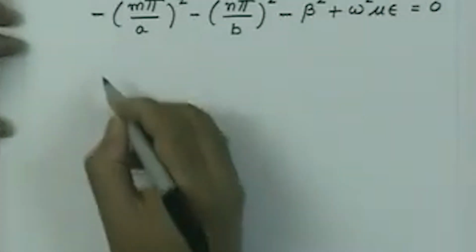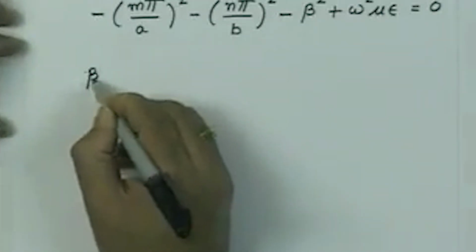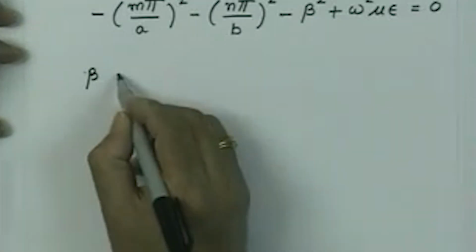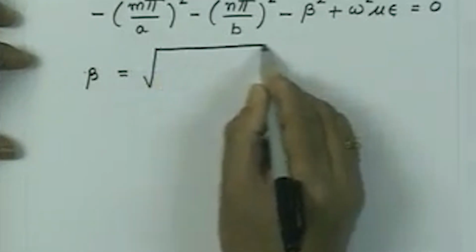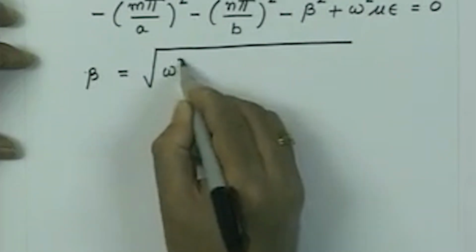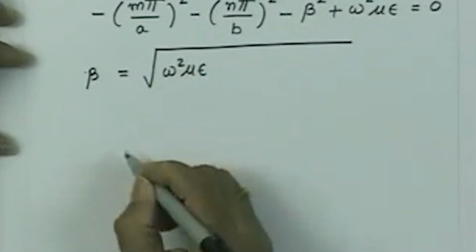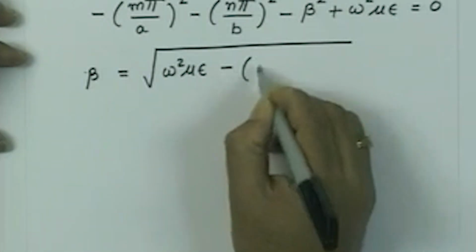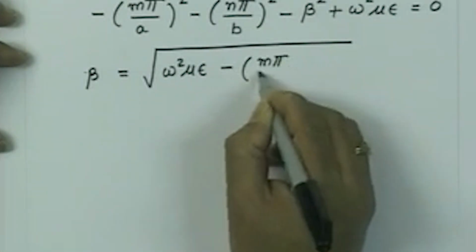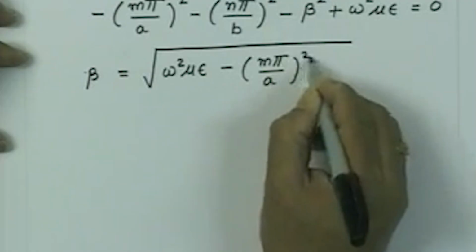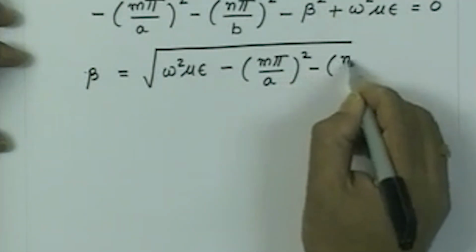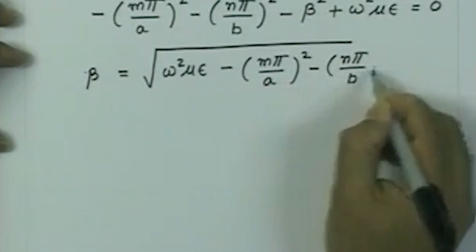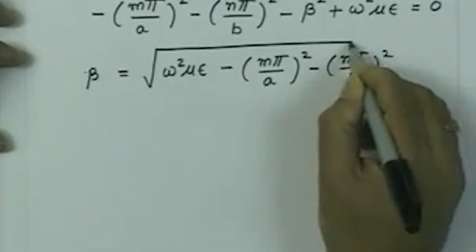I can take this beta on one side. So, the phase constant for this mode will be equal to the square root of omega square mu epsilon minus m pi by a whole square minus n pi by b whole square.